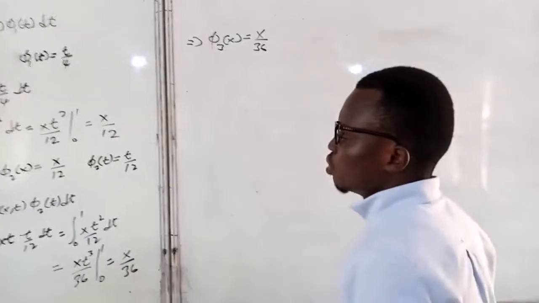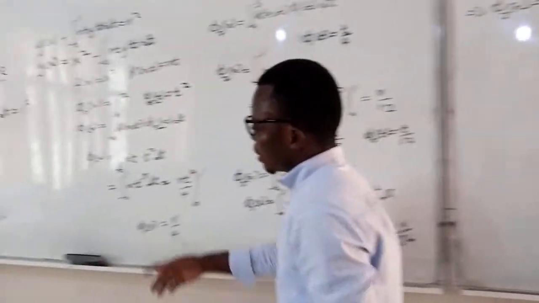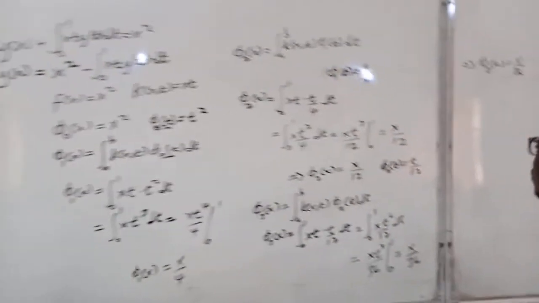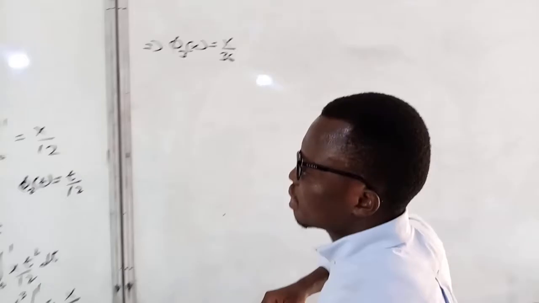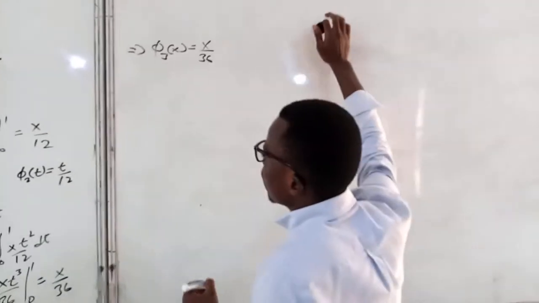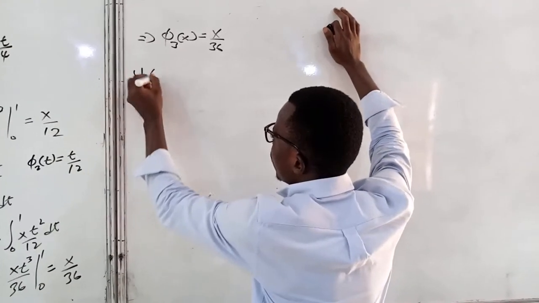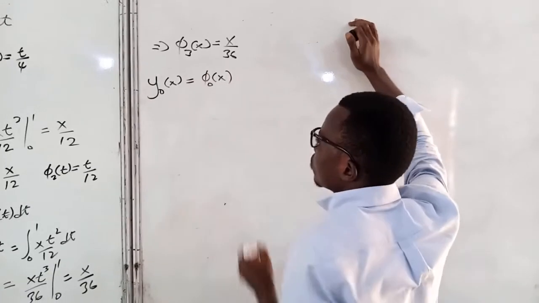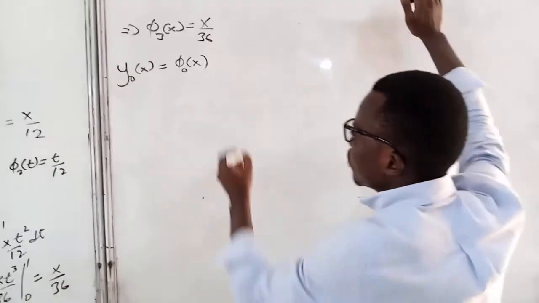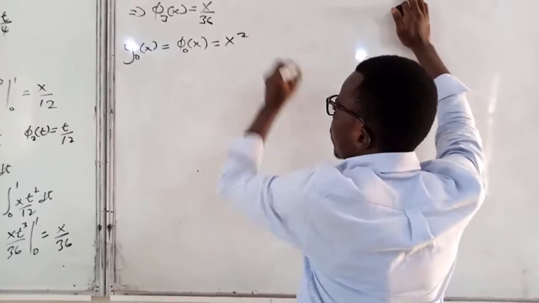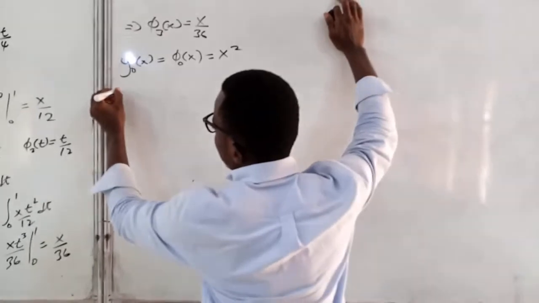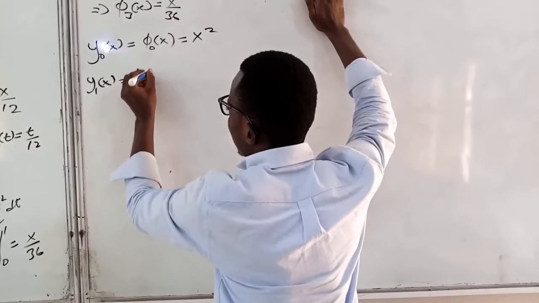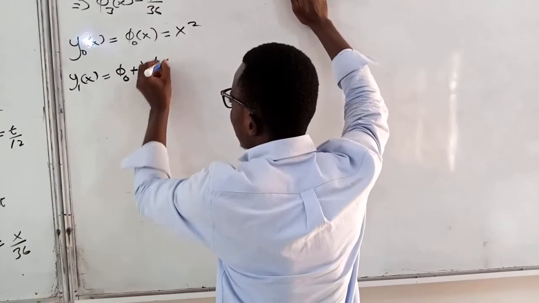Now we need to look for our solution from this relation. It says that we want the first 3 successive approximations. So y0 of s is the same as phi naught of s, and phi naught of s is given as s squared. Next one is y1 of s, which is the same as phi naught plus lambda phi 1 of s.